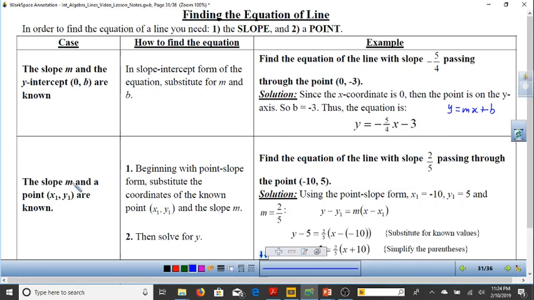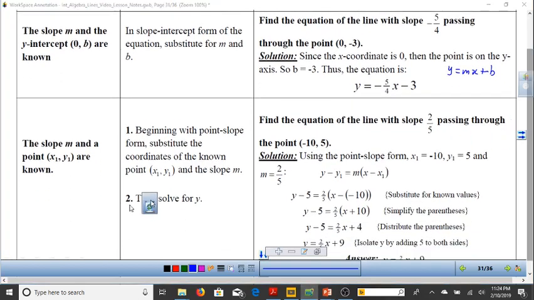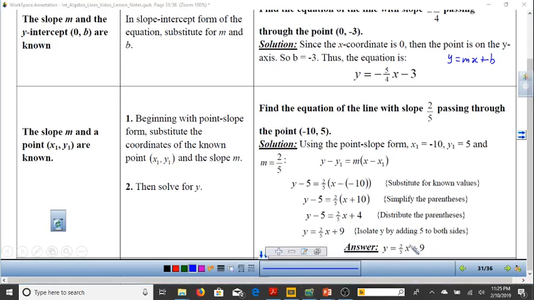If you only have the slope and a random point on the line, you put the equation in point-slope form: y - y1 = m(x - x1). You substitute your y-coordinate for y1, your slope for m, and your x-coordinate for x1. And then you just solve for y, and that will give you the answer in slope-intercept form.